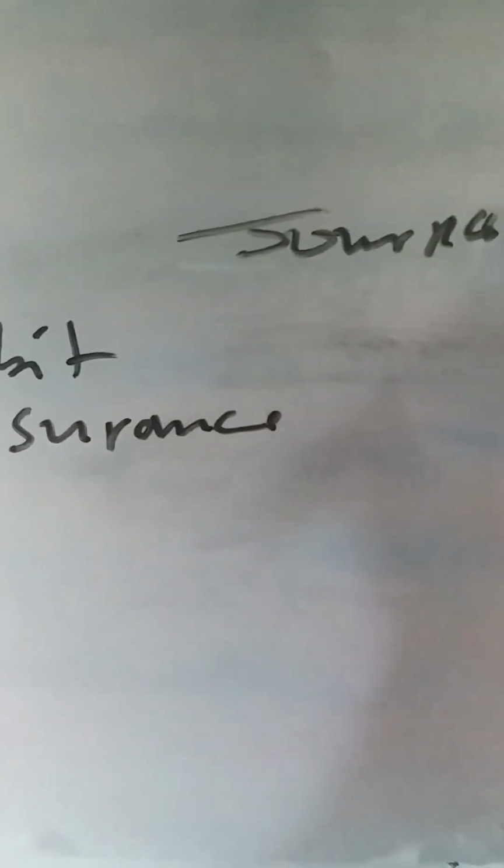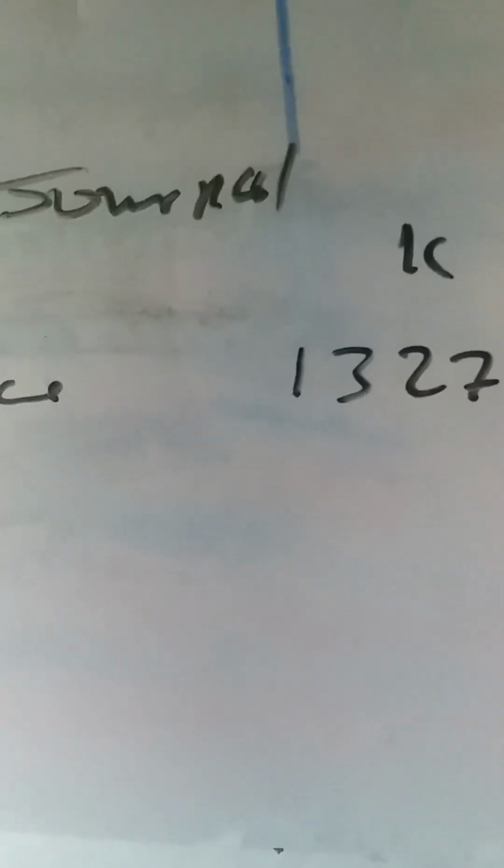The amount is going to be 1327.40. Okay, insurance, and then we are also supposed to debit the receivables expense.